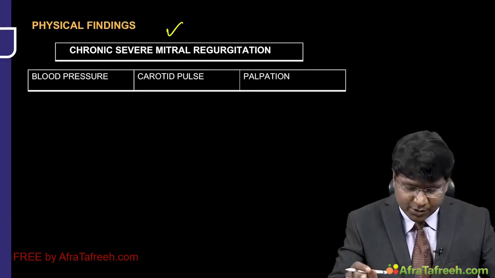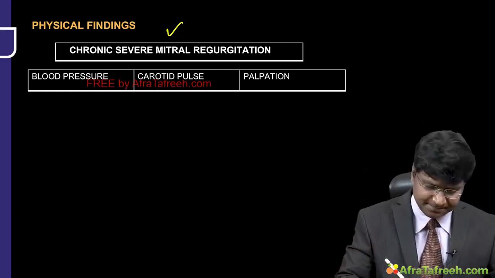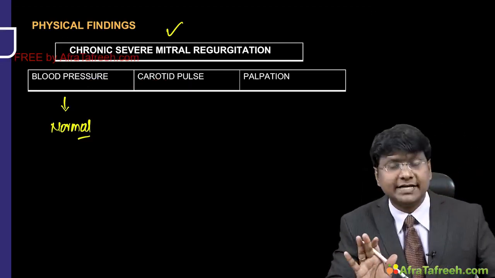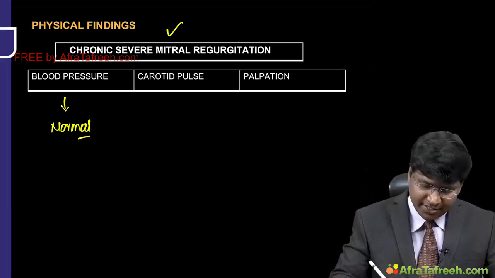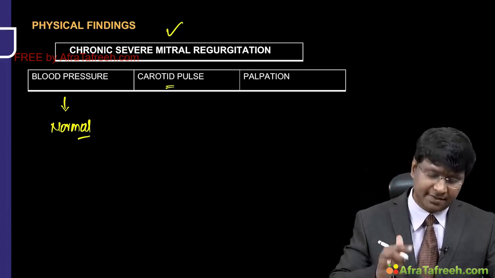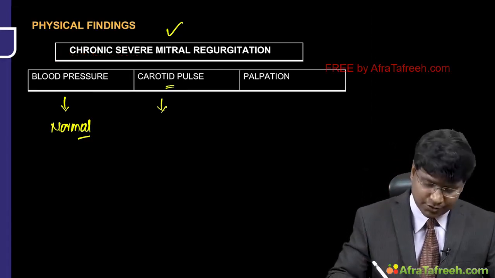So you take in case of chronic severe mitral regurgitation, the blood pressure is usually normal. But what will happen to your carotid pulses? When you examine the carotid arterial pulse, that will show a sharp low volume upstroke.